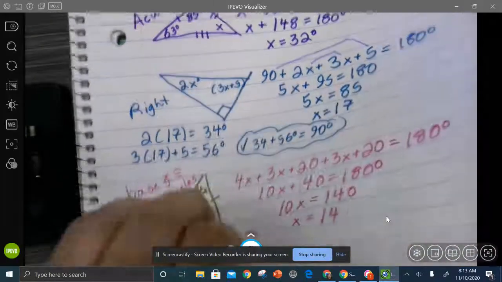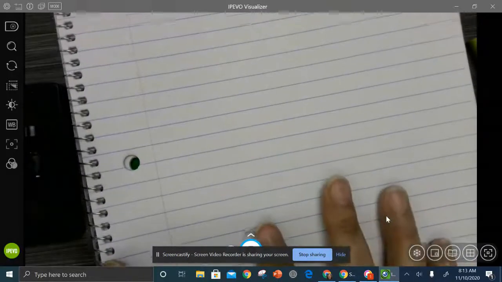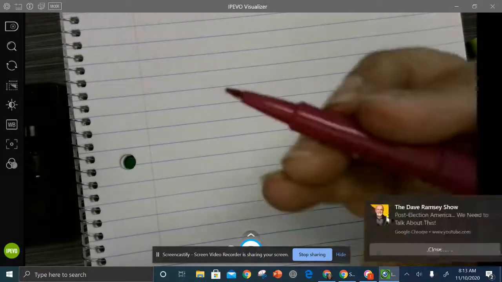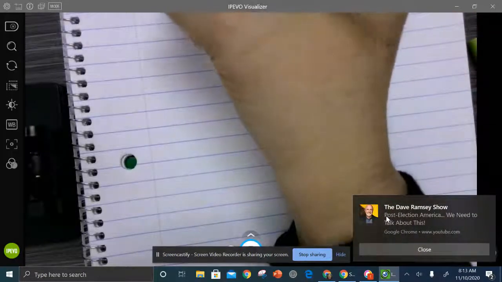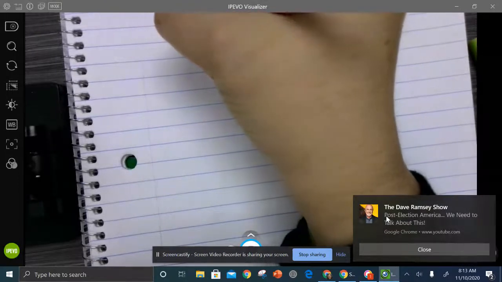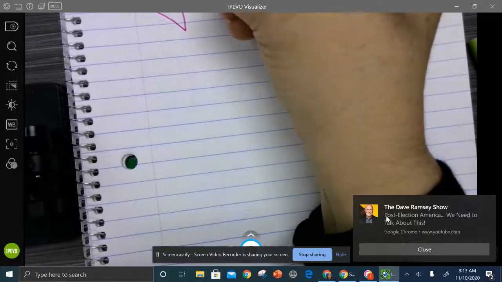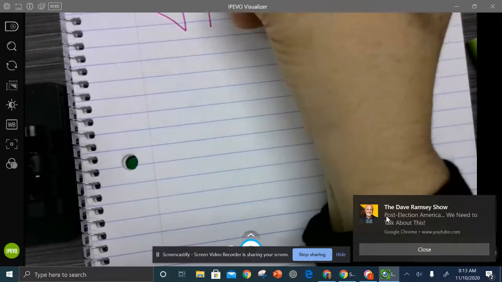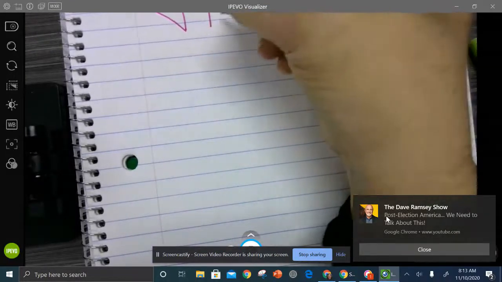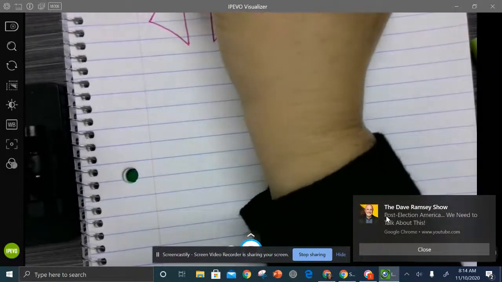Okay, so we're also working with congruent figures. So for congruent figures, all right, so this is congruent figures.